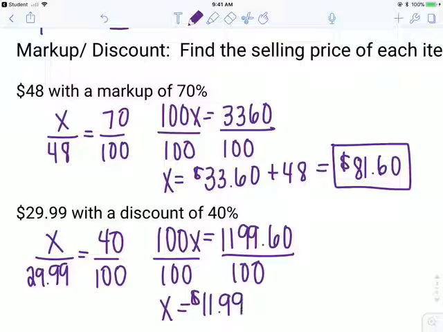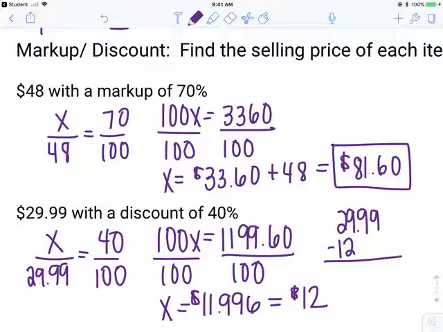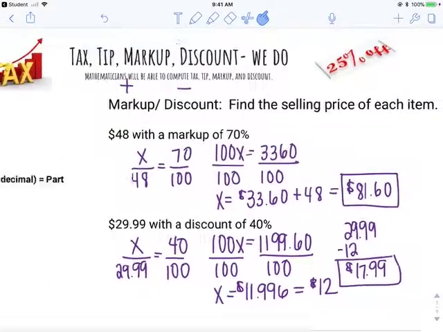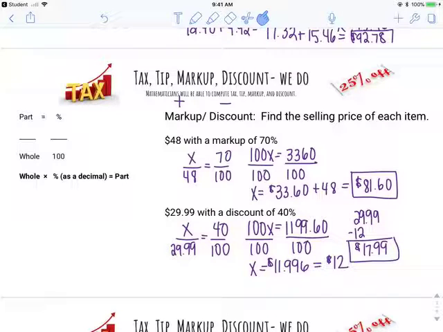It does come out, and I'm going to show you this one, we need to round that. So the 6 bumps the 9 up, which bumps the 9 up. So our discount's going to bump all the way up to $12 full dollars. And we're going to take that $29.99, subtract the 12, so $29.99 minus 12, and our final sale price is $17.99. If you need to go back and look at these, remember I'm using all proportions. I'm not using multiply by a decimal.